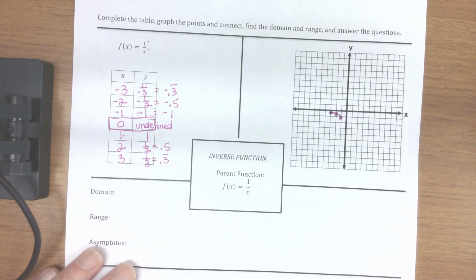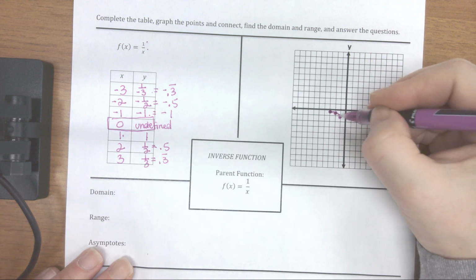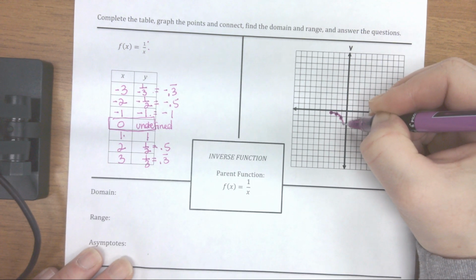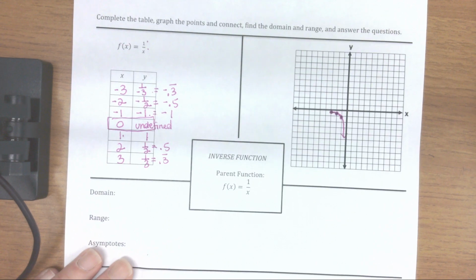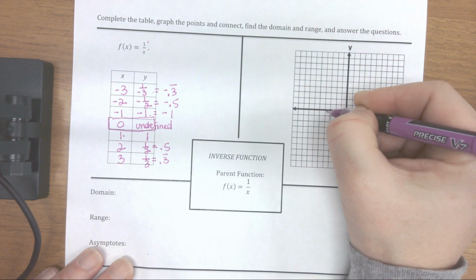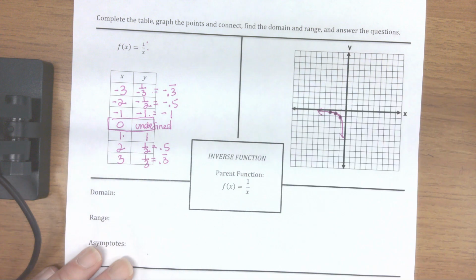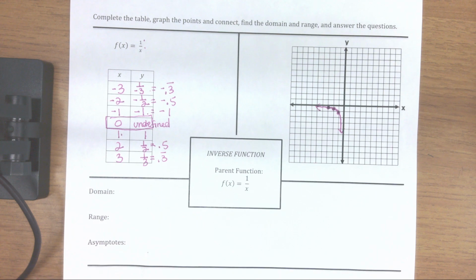And there's 2 things your curve needs to do. It needs to approach, but it will not cross the y-axis like that. And it needs to approach, but not cross the x-axis. So it's a curve. Okay? And you're just making sure that your curve doesn't touch those 2 things. All right, let's do the same thing on the other side.